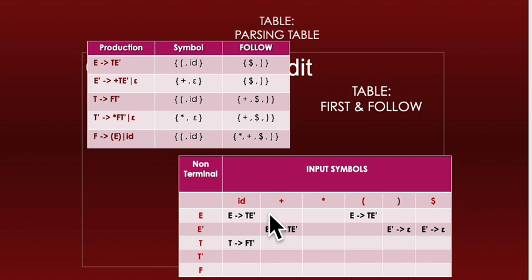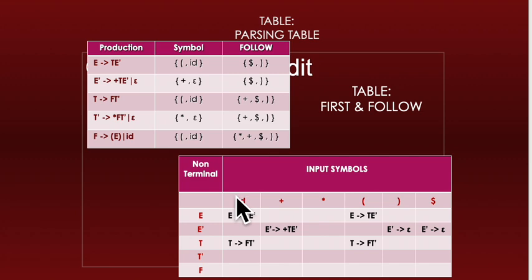Now first of T, we have open parenthesis and ID. So under open parenthesis and under ID we write T gives F T dash. There is only one production. We fill it in the corresponding cell. Now come to T dash. There are two productions, and first of T dash is star and epsilon.